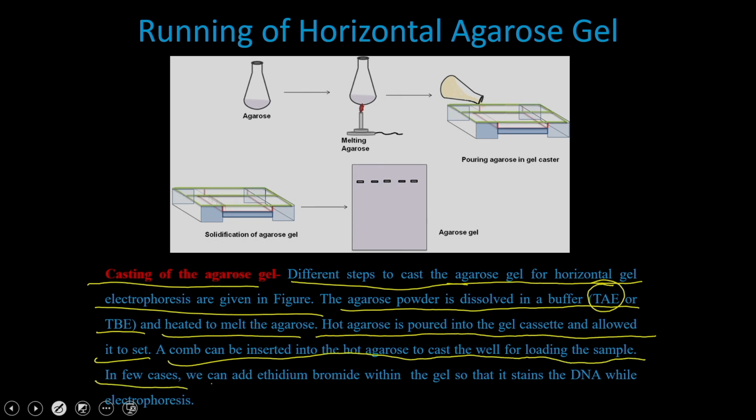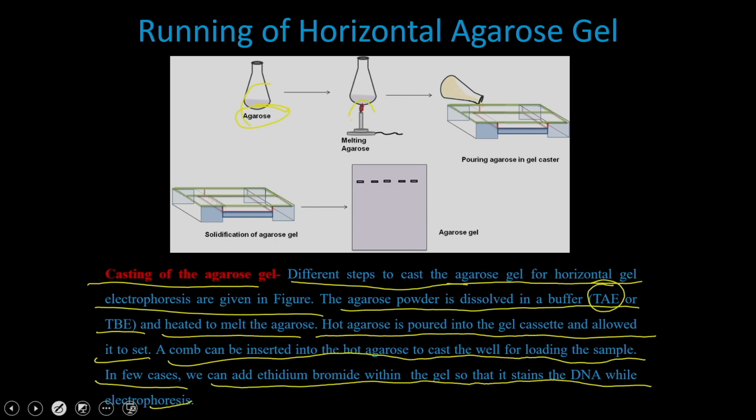In a few cases, we can add the ethidium bromide within the gel so that it stains the DNA while the electrophoresis is going on. So, what you are going to do is take the required amount of agarose into a beaker, and then you boil this.